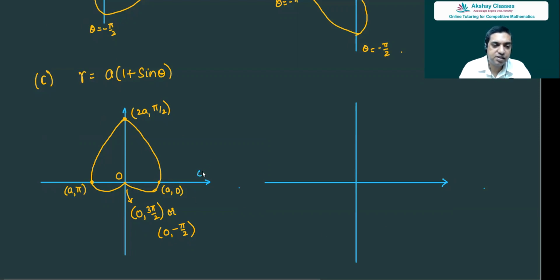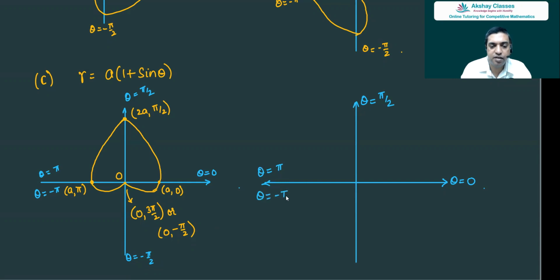This is theta equal to 0, theta equal to pi by 2, theta equal to pi, theta equal to minus pi, theta equal to minus pi by 2. Same here, theta equal to 0, theta equal to pi by 2, theta equal to pi. The same line can be theta equal to minus pi, theta equal to minus pi by 2.